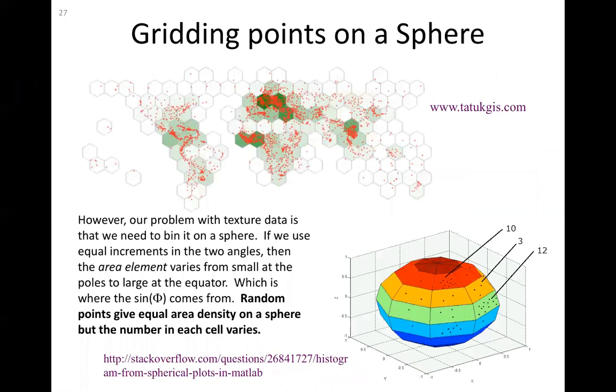So what we get into are the difficulties of working with orientations, particularly orientation data. So if we think about the surface of the Earth, right? We think about how we would grid that up, right? We can define a distribution on the surface of the Earth, like the population, right? How the population is distributed, right?